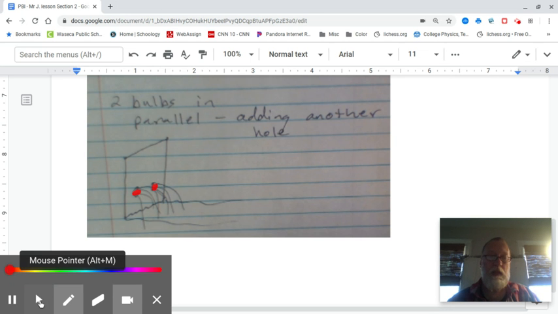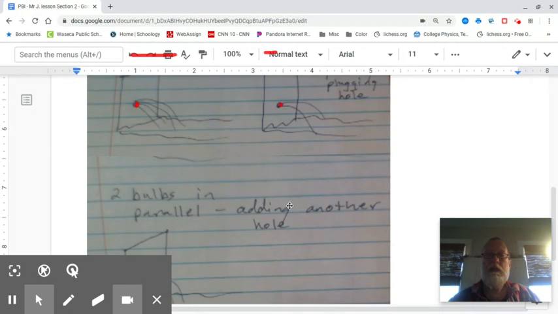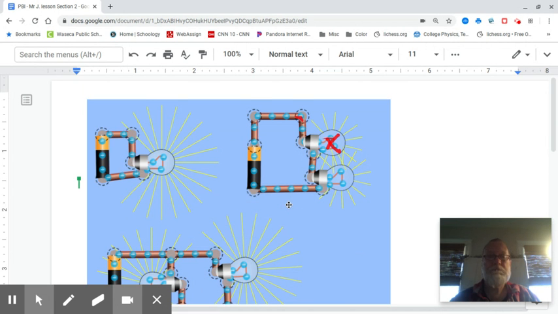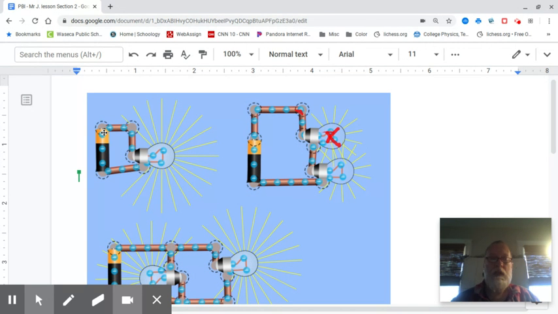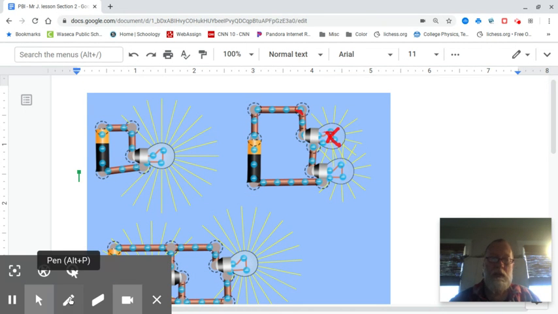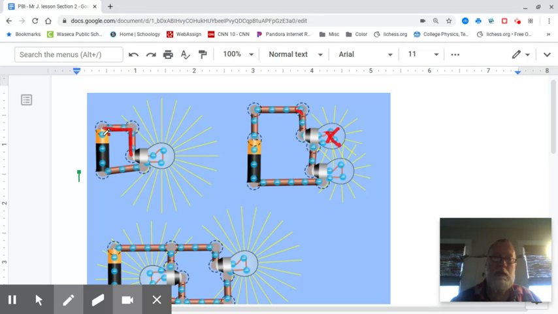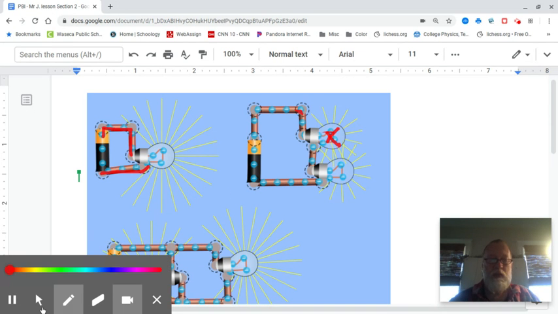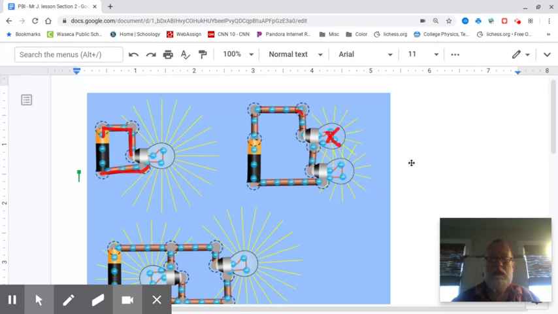So when we go back up here, this light bulb has a direct connection to both sides of the battery. You might not see it to begin with.